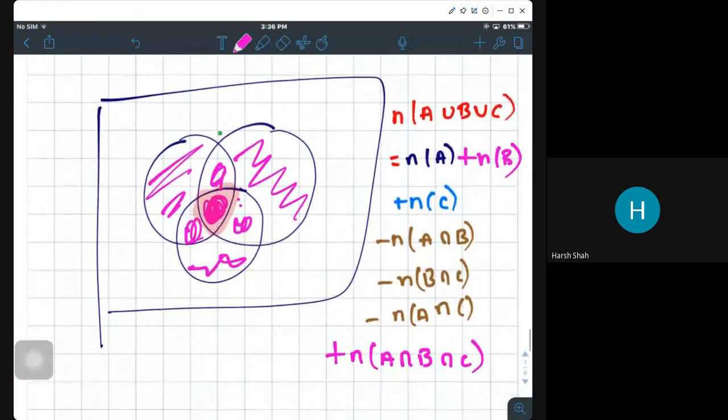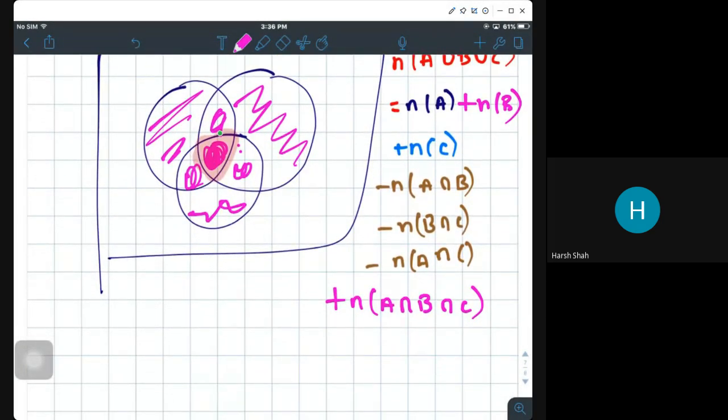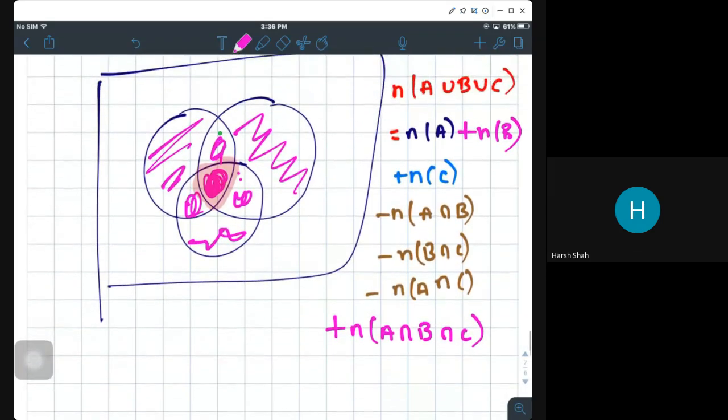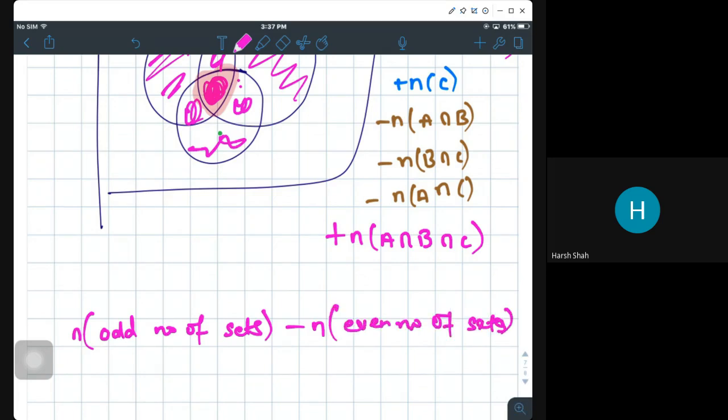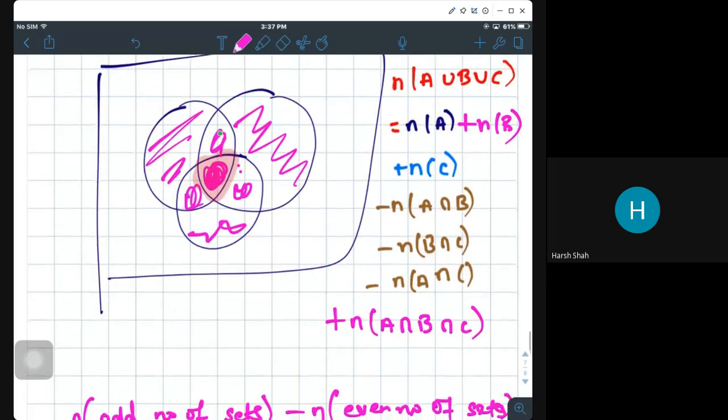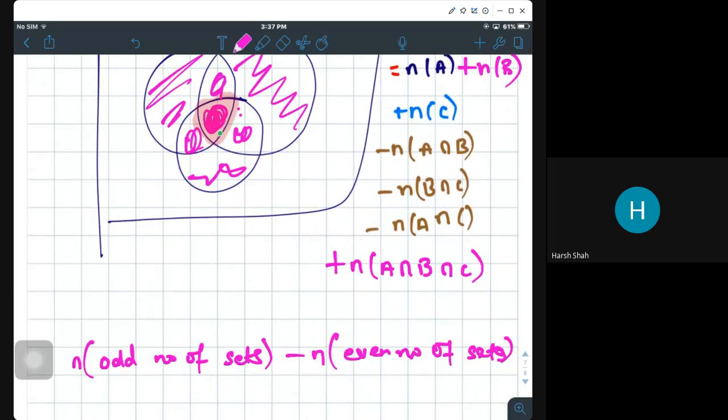Right? So if you want to remember the formula, what we do is we take the cardinality of an odd number of sets minus n of an even number of sets. By sets I mean the unions and intersections here.